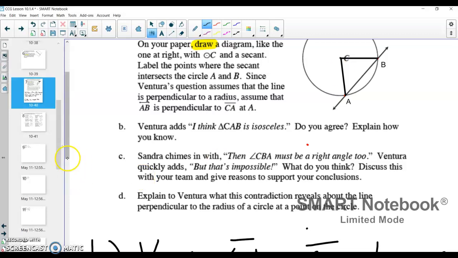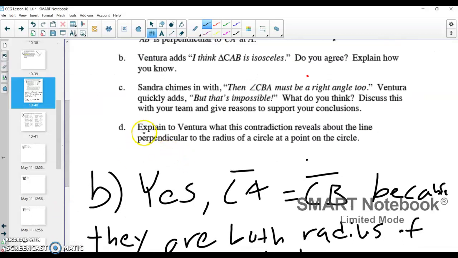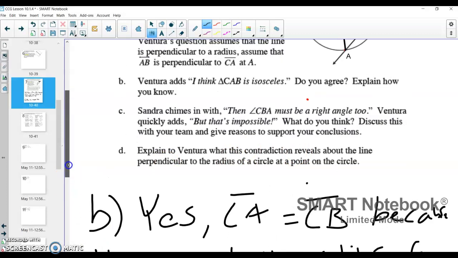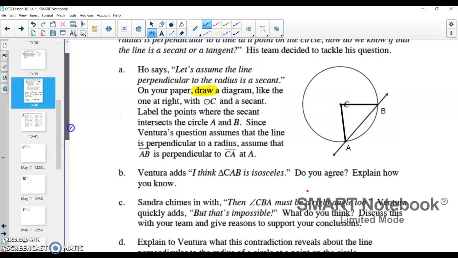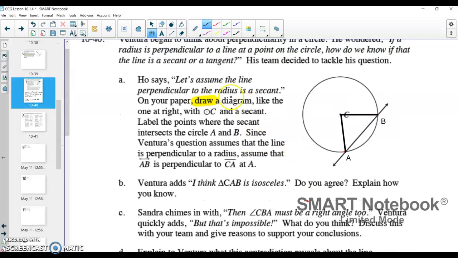And so what this is helping us do is finally get to part D. Part D says, explain to Ventura what this contradiction reveals about the line that is perpendicular to the radius of a circle. Really this is another kind of proof by contradiction. We made the assumption that the line perpendicular to the radius is a secant.